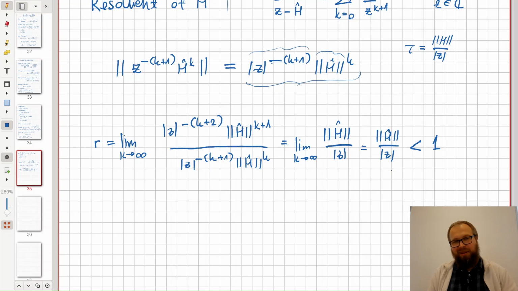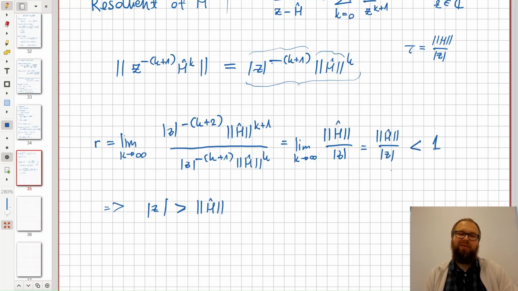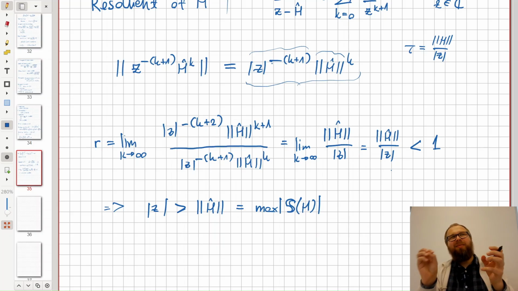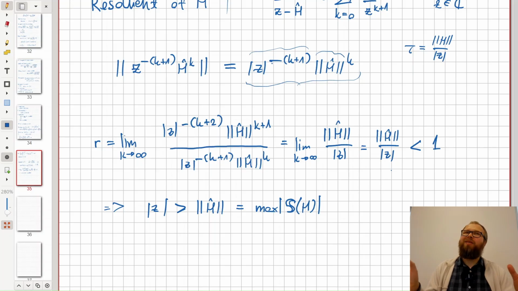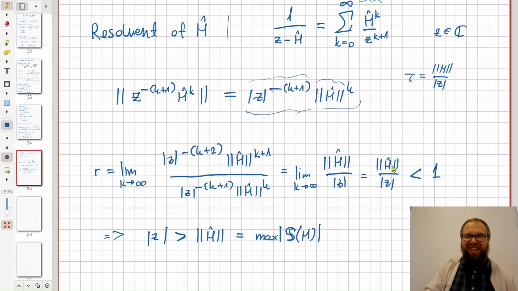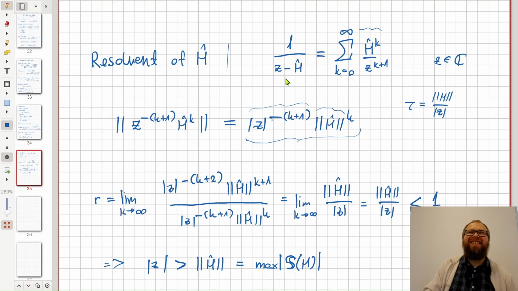As a matter of fact, for this to converge, the absolute value of z has to be greater than the norm of H, which it's nice to remember is connected to the spectrum of H. This symbol is the maximal absolute value of the eigenvalues of the operator H. So z must be out of the circle of the spectrum.